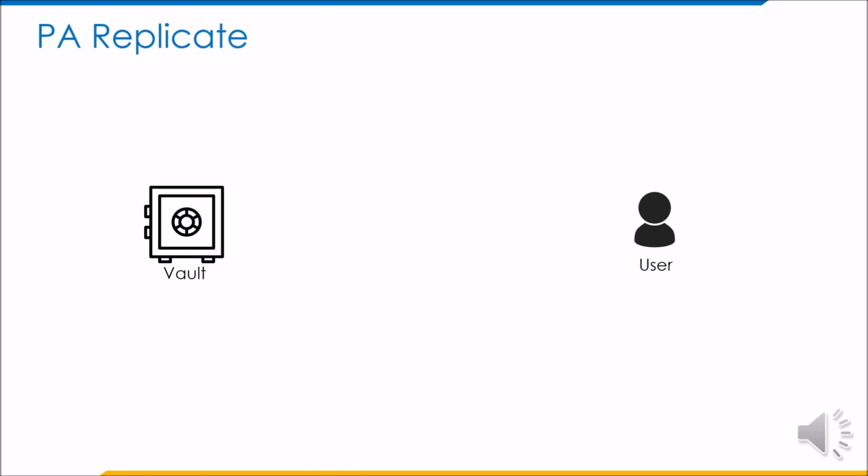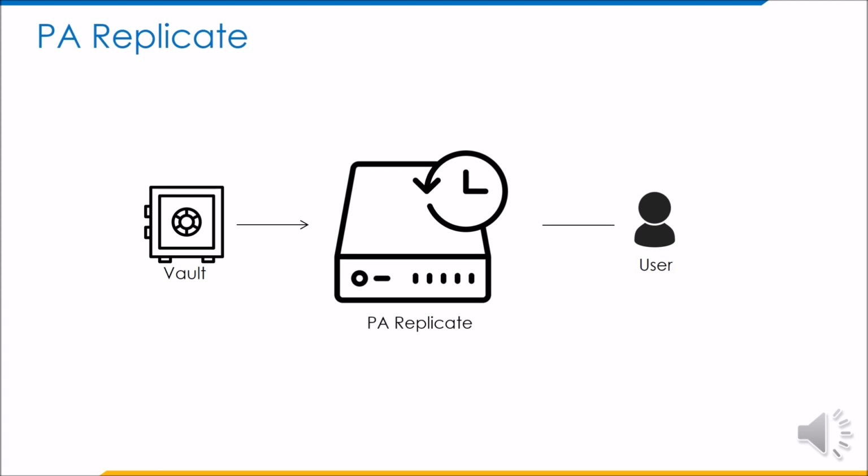Replicate is a command line utility that helps the user to take backups of the vault. This backup can be taken as an incremental backup or a full backup as per the requirement.